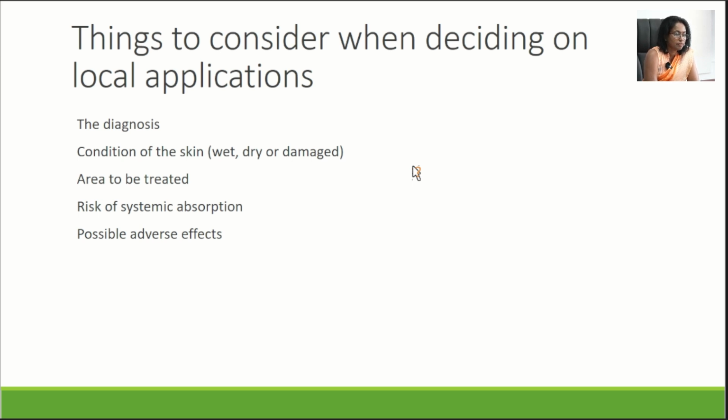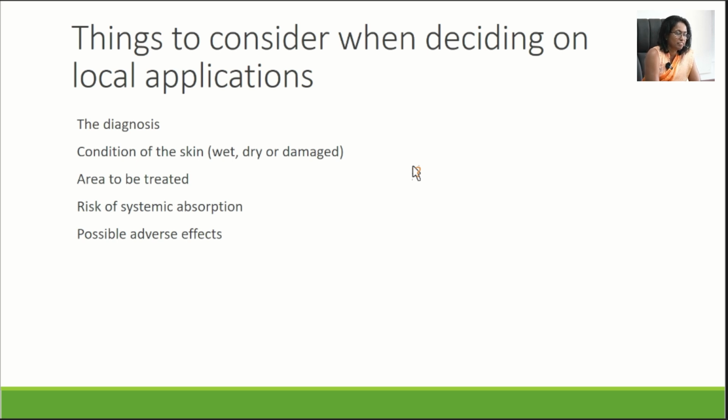Obviously, the first thing to consider is the diagnosis, because you need a diagnosis before you start applying. This especially pertains to skin diseases. But even in the case of using a cosmetic, you need to know why you are using it. You should not use cosmetics for the sake of applying, right?